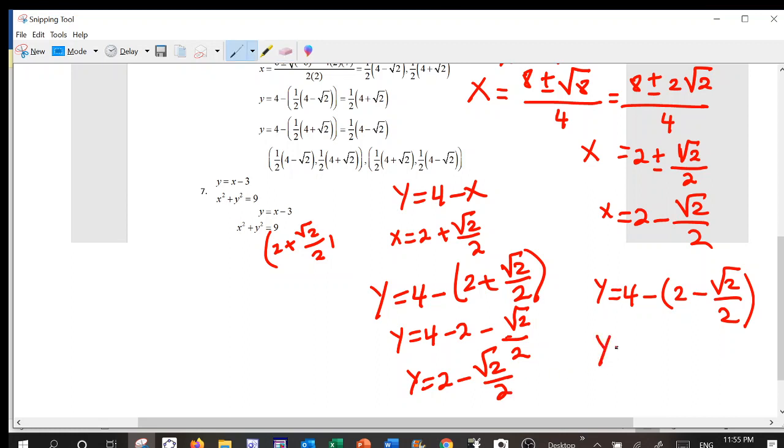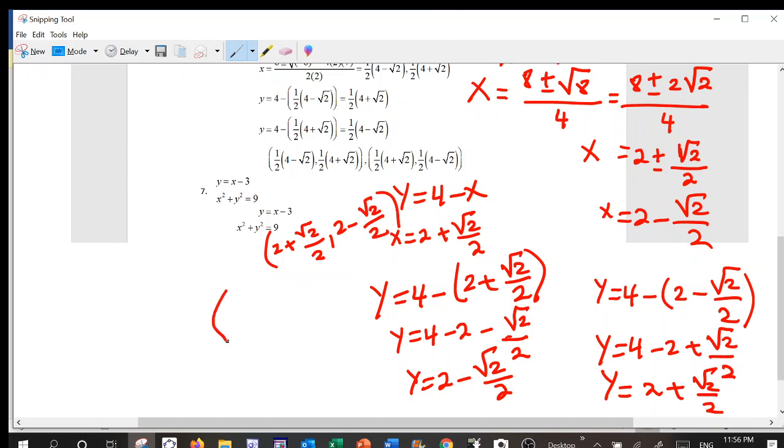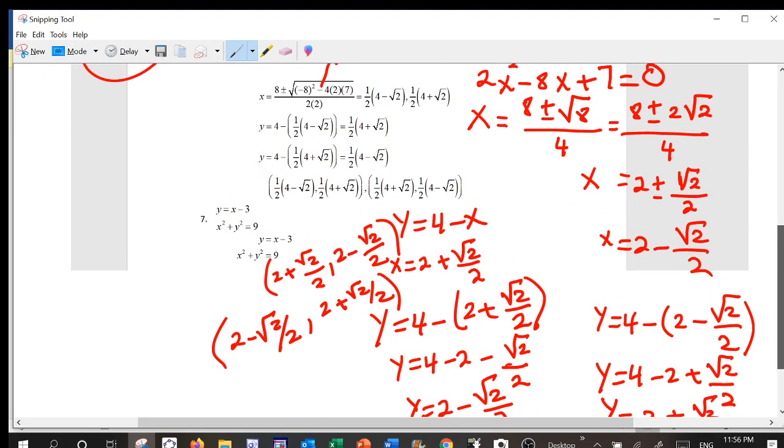And over here, y equals 4 minus 2 minus the square root of 2 over 2, so y equals 2 plus square root of 2 over 2, right? So one answer is when x is that, then y is 2 minus the square root of 2 over 2. And the other answer is that when x is 2 minus square root of 2 over 2, y is going to be 2 plus square root of 2 over 2. So these are two solutions for that problem. Now, let's take a look and see what they look like, right?